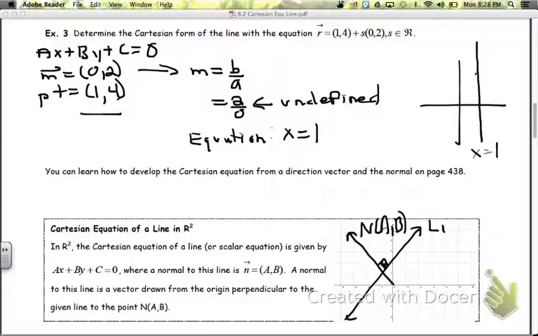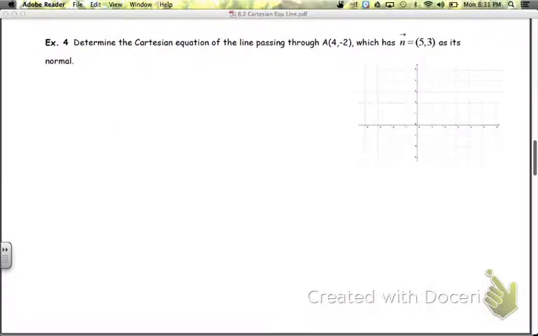So now we can move along here. Now for example 4, we want to determine the Cartesian equation of a line passing through A, which is (4, negative 2), and has our vector n, which is our normal, at (5, 3) as its normal. So visually, what does this look like? We can draw this out here where we have our normal.